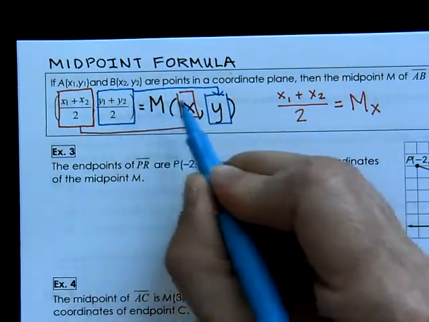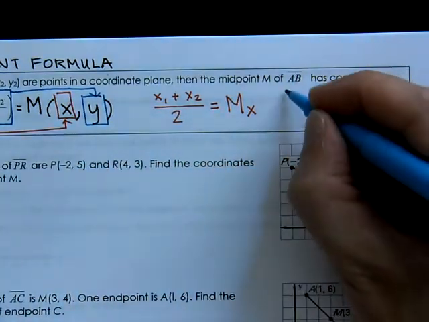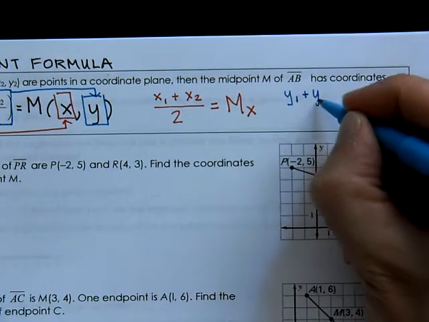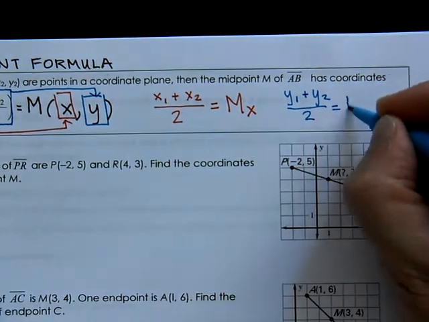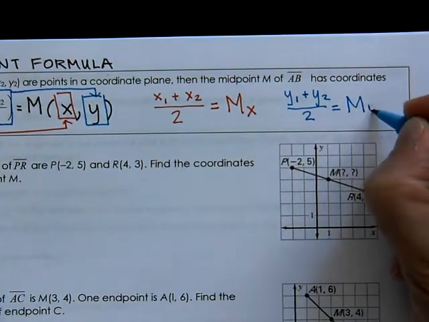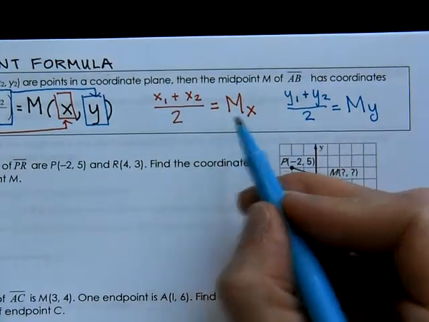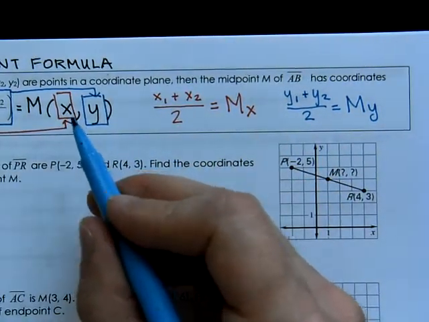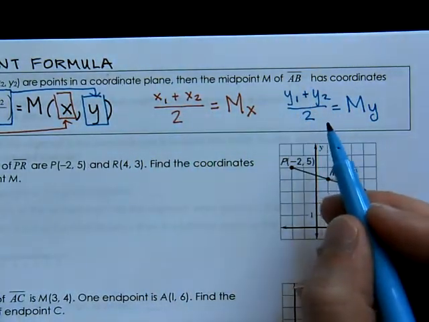So let's link those together, and so here I am adding up the y-coordinates of the endpoints, y sub 1 plus y sub 2 divided by 2, and that will equal the midpoint's y-coordinate. So you can see we have 2 formulas that we pulled apart from the one traditional midpoint formula. We're just working it separately, one for x's, one for y's.